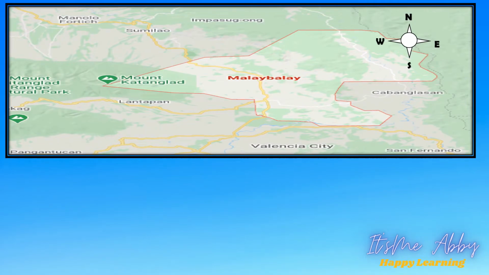We have a map and a compass rose on the upper right. You will see there the 4 basic directions. Here is a Malaybalay map.